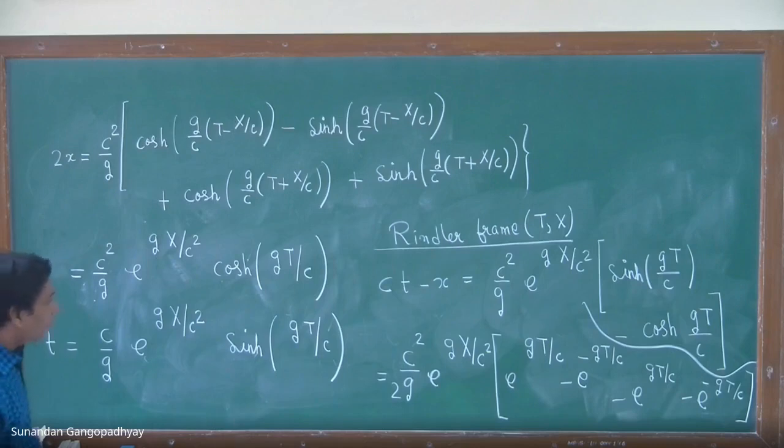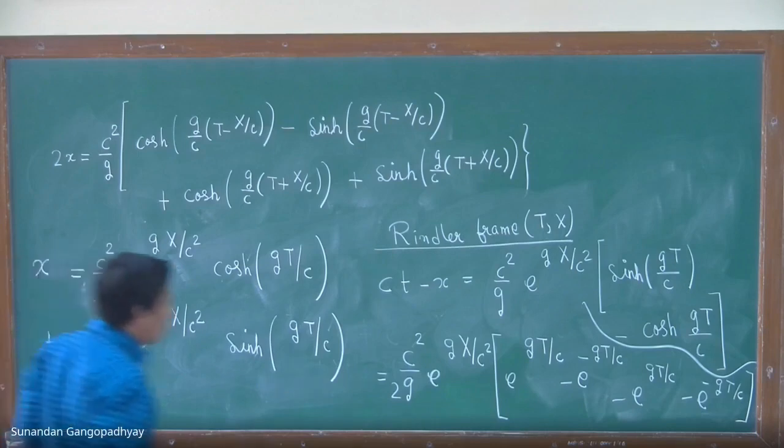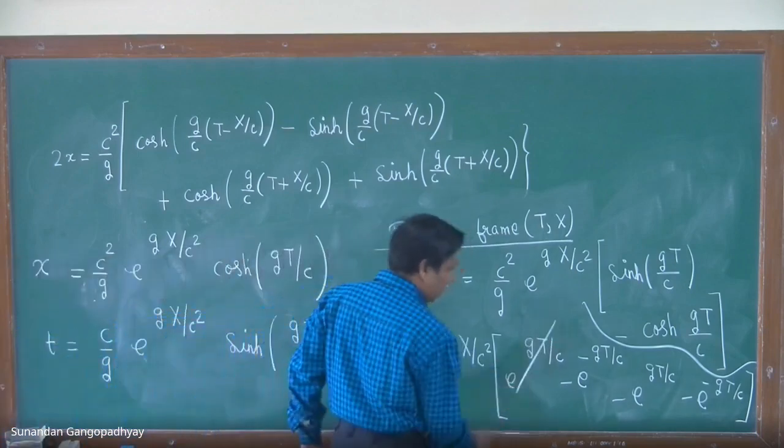Is it okay? Just a minute. Did I write it correctly? E to the power of, is correct. If it is correct, then okay, so good. But these are very confusing.